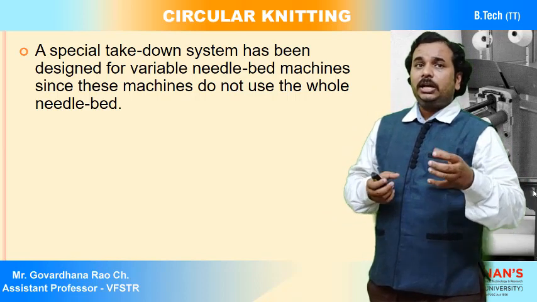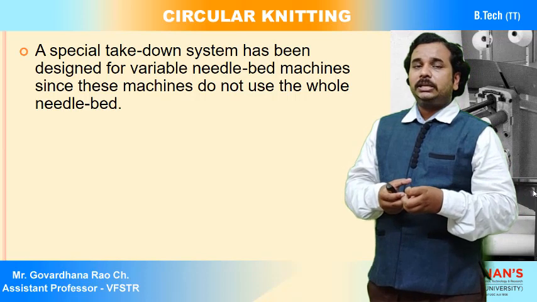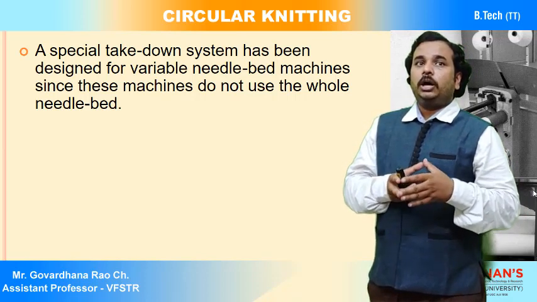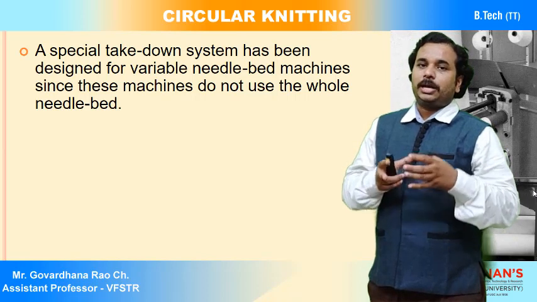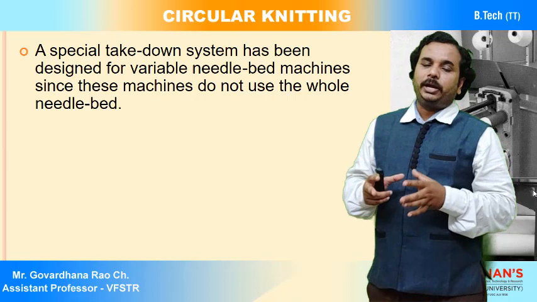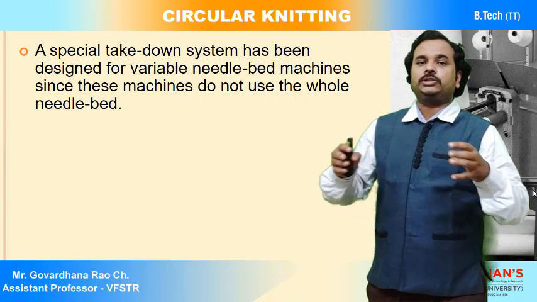So you can see that the variable needle bed machines do not use the whole needle bed. Sometimes we are not going to use the complete needle bed, we are going to use only some parts of the needle bed.